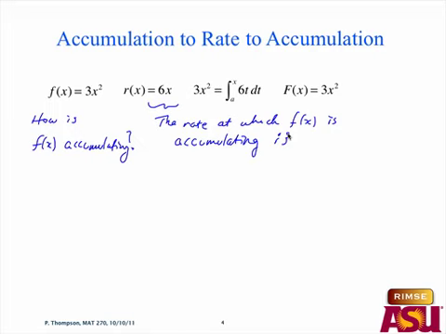The rate at which f of x is accumulating is constant 6 times the average change. No, 6 times what? The constant rate of change. Josh, is that the constant rate of change? Yeah, it's always 6 times your x value, whatever x value you're at.